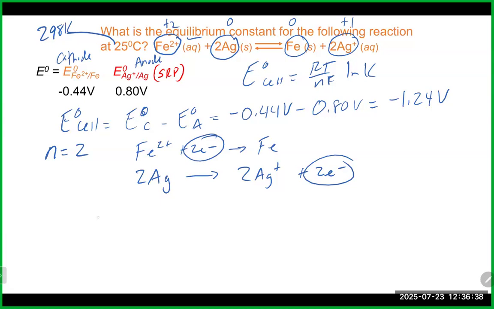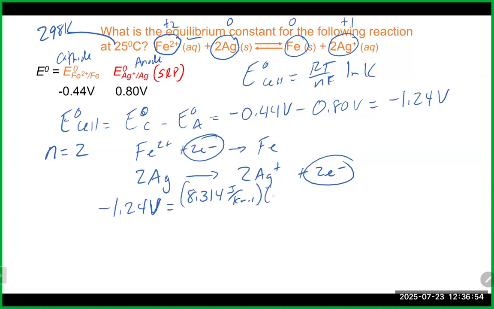I think that's almost all we need, so I'll go negative 1.24 volts is going to be equal to my R. Remember, this is the one with the energy, 8.314 joules per Kelvin per mole.